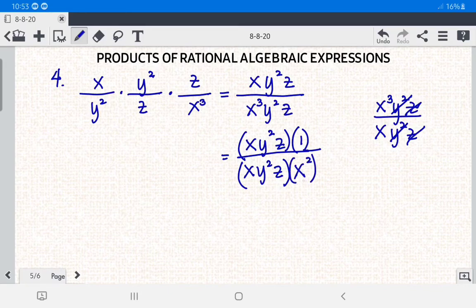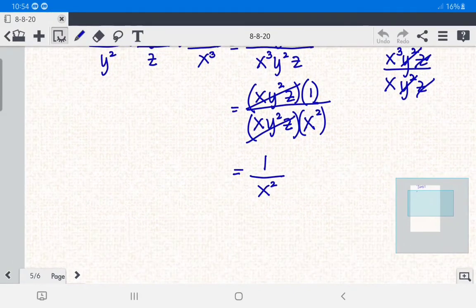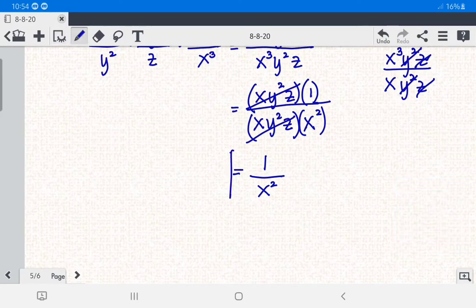Now, we can cancel xy squared z because that is equal to 1. So xy squared z divided by xy squared z is equal to 1. Then we only have now 1 and then x squared. So our answer is 1 over x squared. Okay? So that's it.